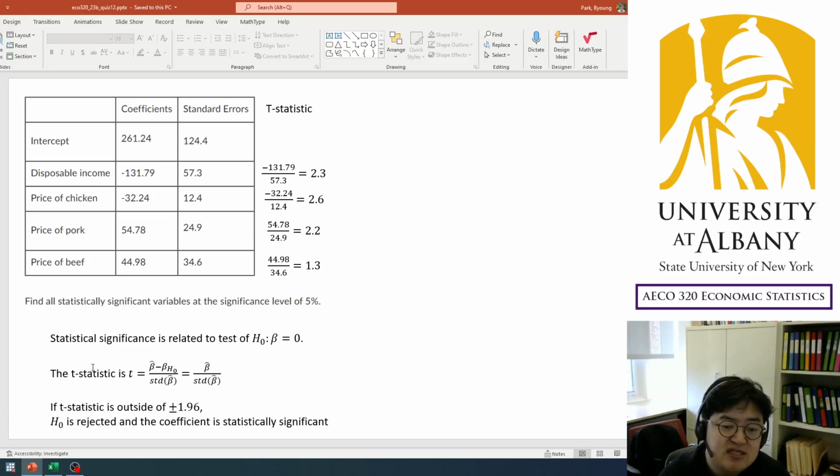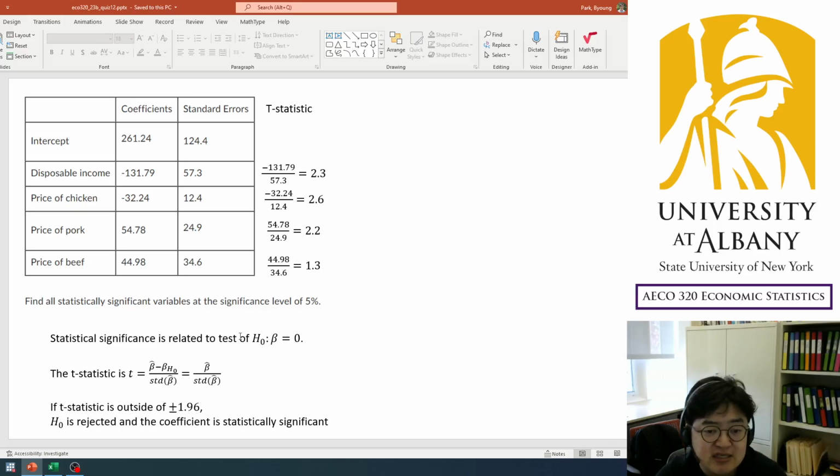First we need to calculate the t-statistic. Beta hat is the estimate, and I denote the null hypothesis H0 beta. The beta given in H0 is your belief. So it is the estimate minus your belief, standardized by the standard deviation of your estimate.